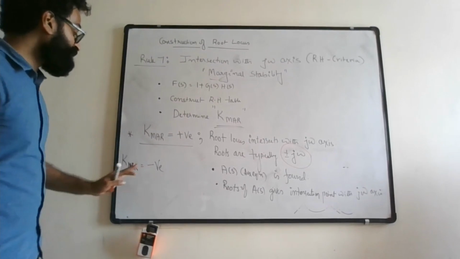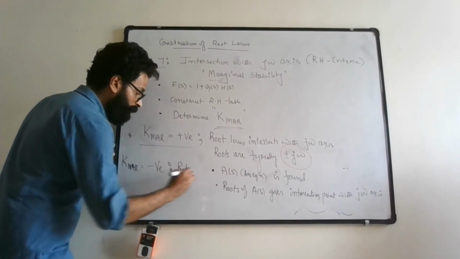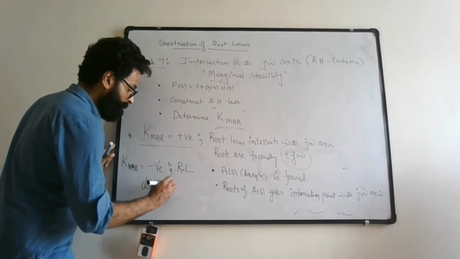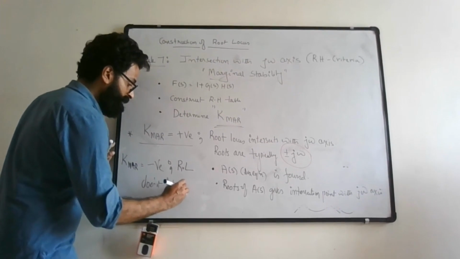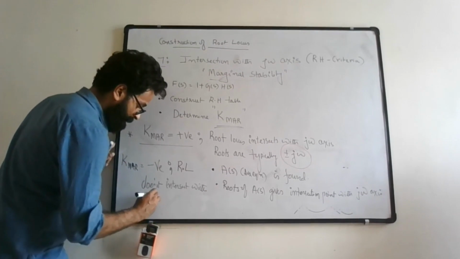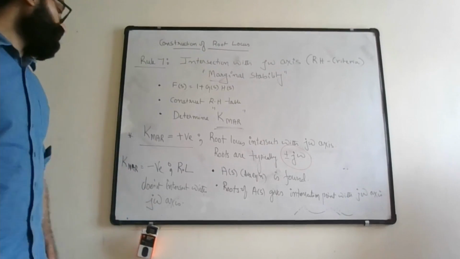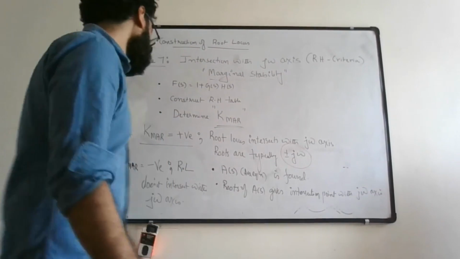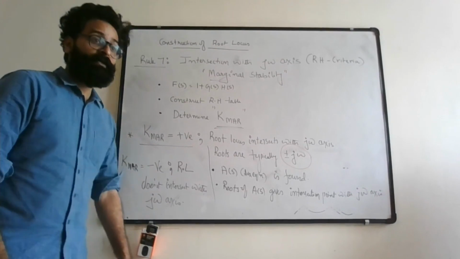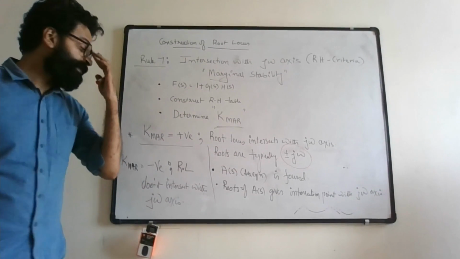If you get K marginal as negative, then you can say that root locus doesn't intersect with j omega axis. What do you mean by that? If it doesn't intersect, then where are you going to find the root locus?